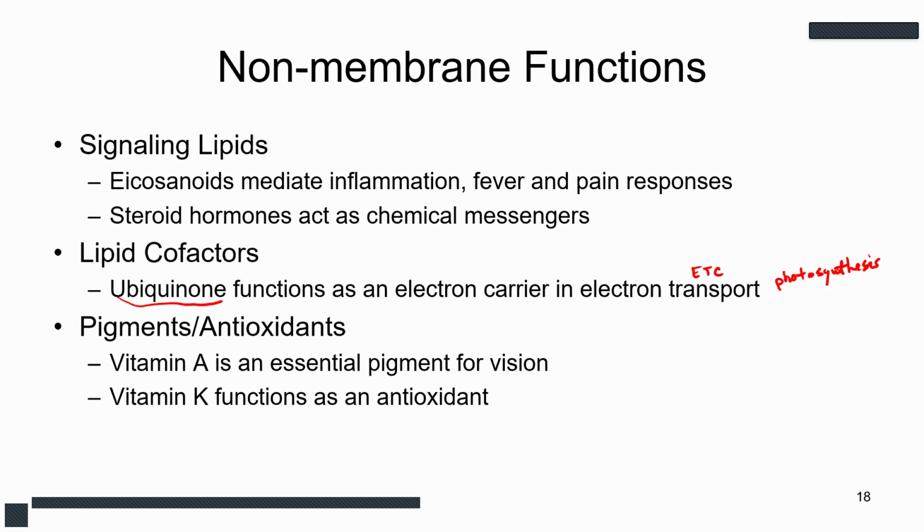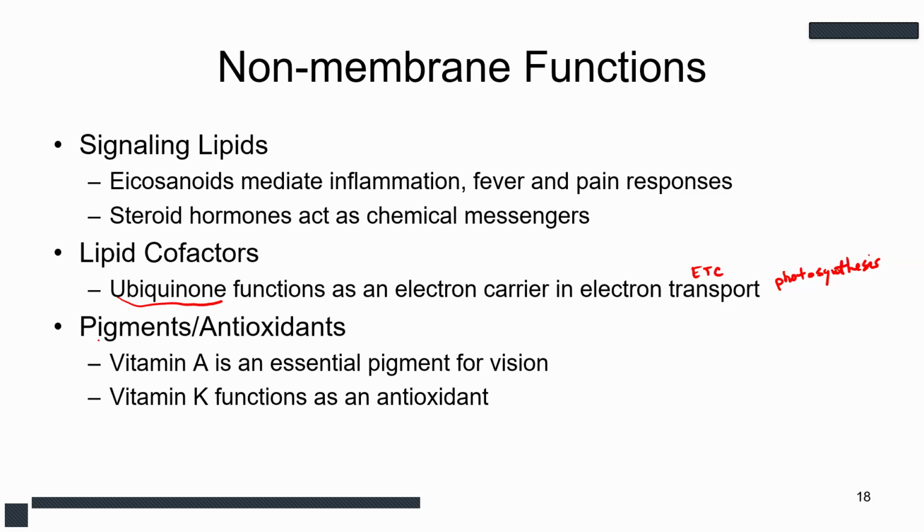But photosynthesis and the electron transport chain are two processes involved in cellular metabolism of fuels. You're extracting energy. The movement of electrons transfers a huge amount of energy, so these lipid cofactors play a big, critical role in that.